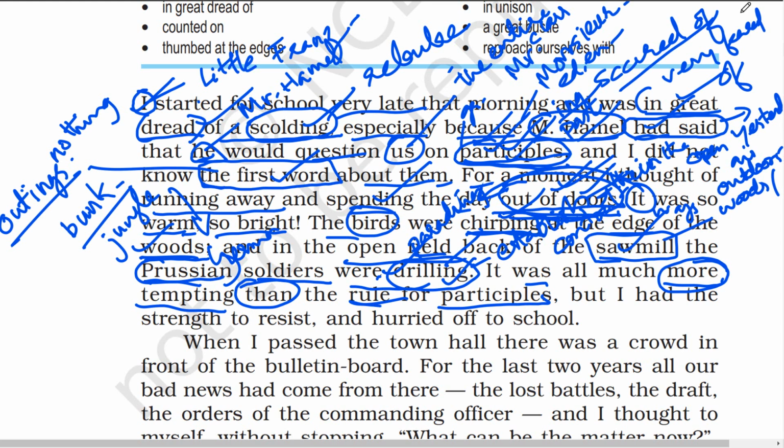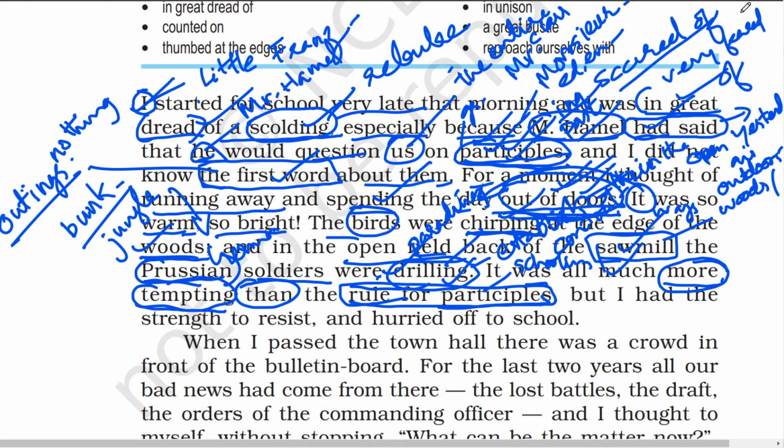Because the rules for participles here means the schooling, the class of the day, the sights outside the classroom, like the chirping of the birds and the drilling of the Prussian soldiers, those were more tempting.